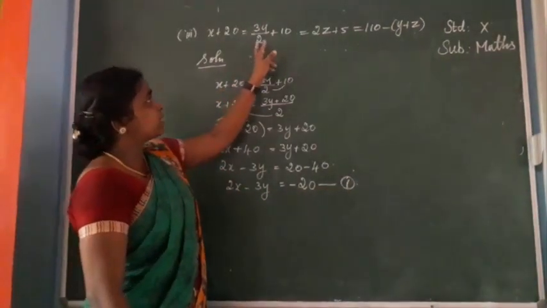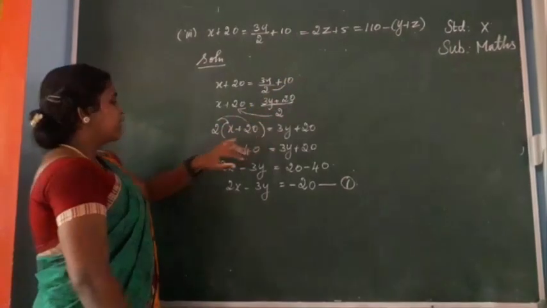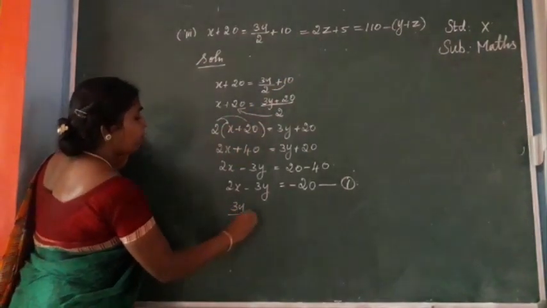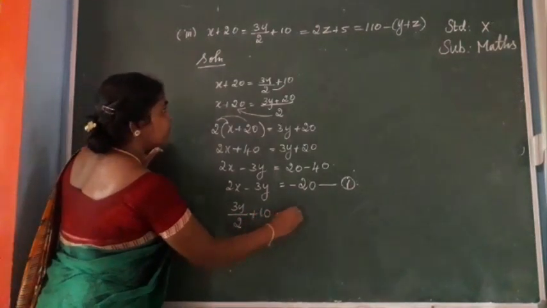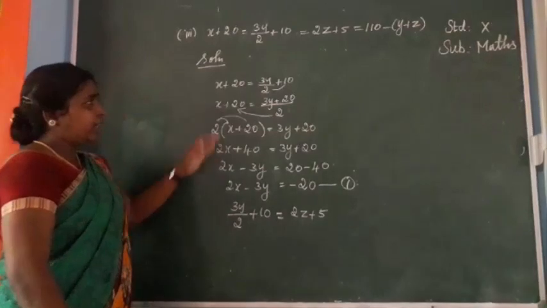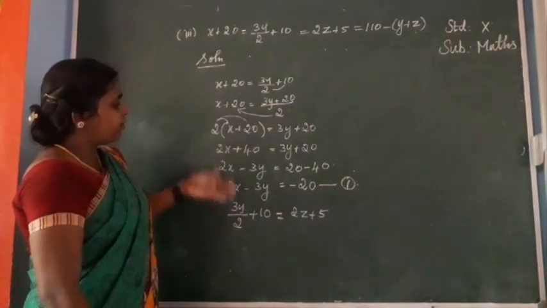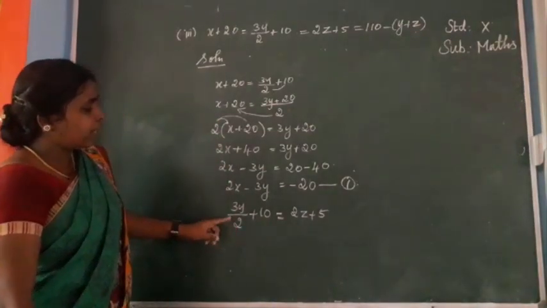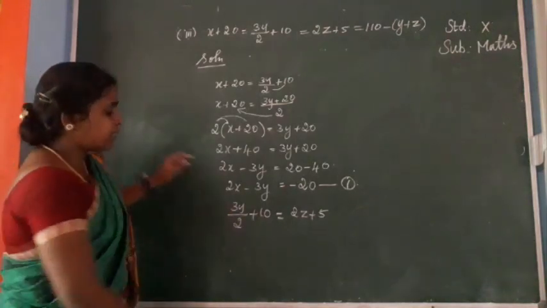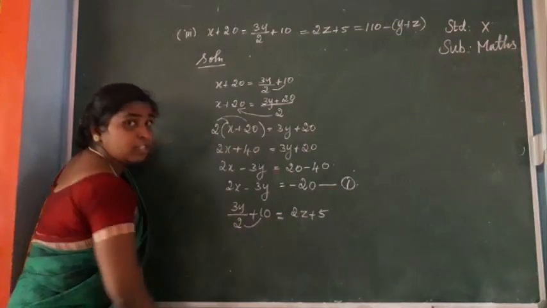Okay, next the second equation you have to take. So the next equation is 3y by 2 plus 10 equal to 2z plus 5. Okay, like the last equation, we have to form it. You see here 3y by 2 plus 10. Here also you have to multiply by 2.